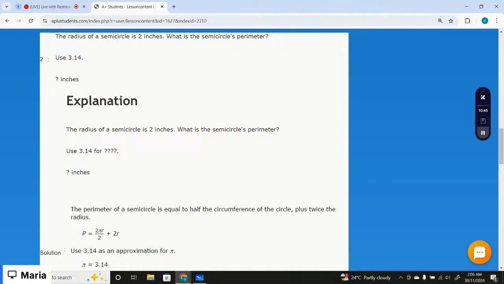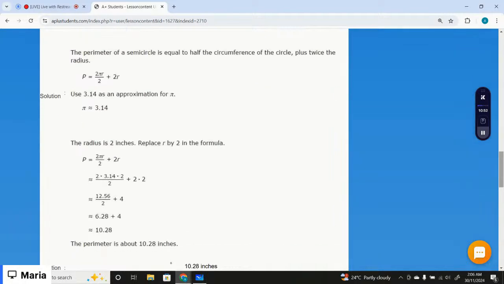You just have to replace the values of the variable and do the calculation. So the perimeter is 10.28 inches.